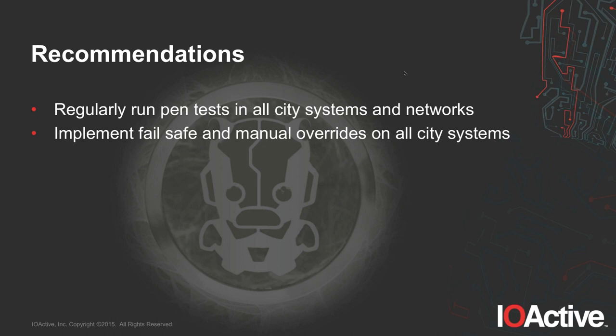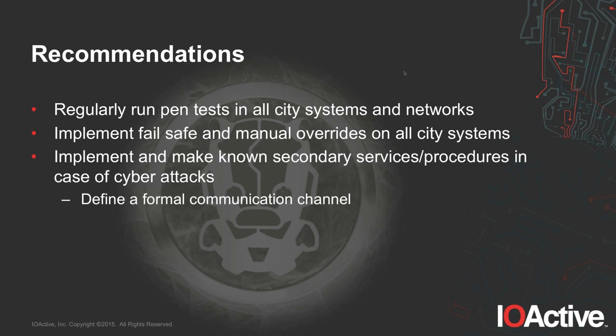Also important is to have some fail-safe and manual override, because if you implement some new technology and that technology doesn't work or has security problems, you have to think that maybe you will have to turn it off. And if that happens, you have to have someone in place to replace it or to be in use while that problem is being fixed.